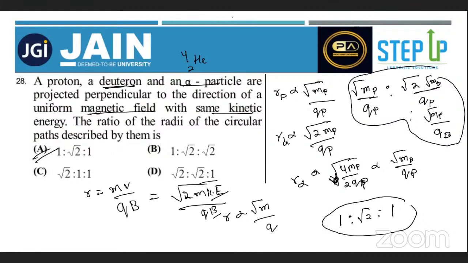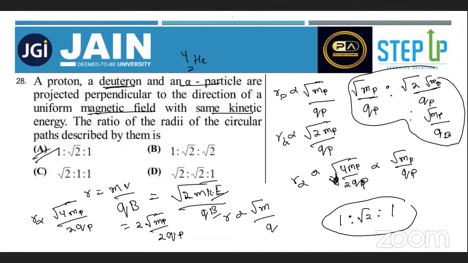Excuse me, sir. In that alpha particle, I think you have made some mistake. No, it is 4 mp. For the alpha particle, the mass is 4 times that of proton, so root over 4 times the mass of proton upon the charge, which is 2 times qp. So that's what I've written. If you take it out, it will be root 2 root mp over 2 qp.